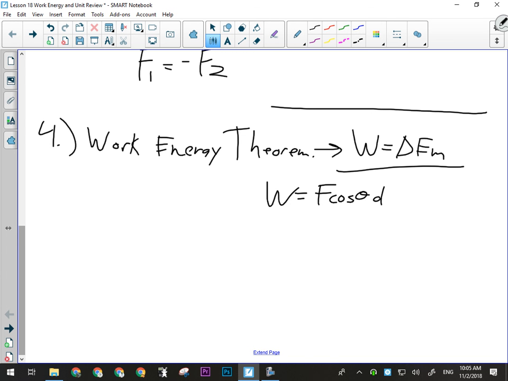How many problems did we do where we actually had to use the cosine theta part? It wasn't many. Most of the time, the force doing the work was in the same direction as the work being done. So just know that that part is there, but it's probably not going to be that important.